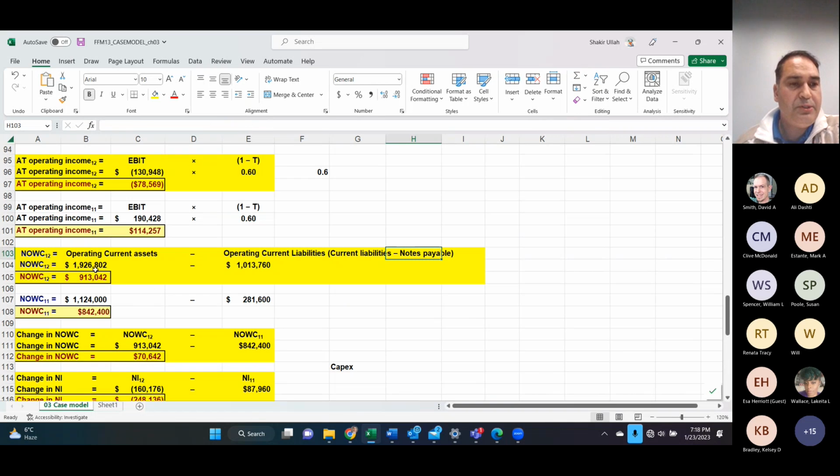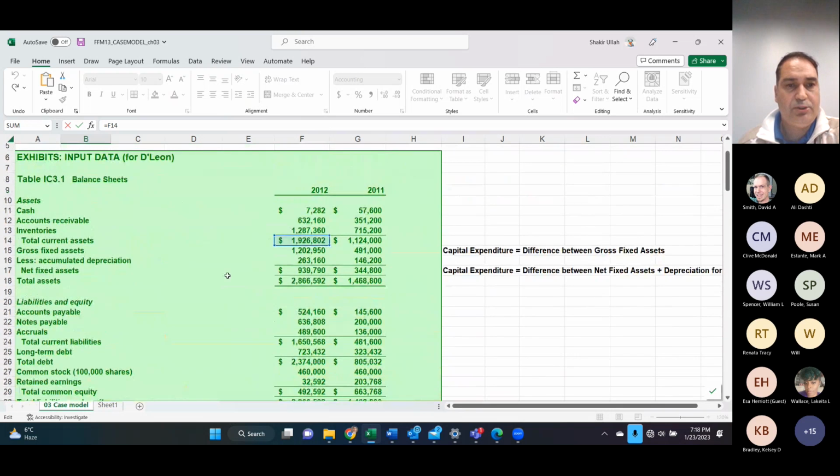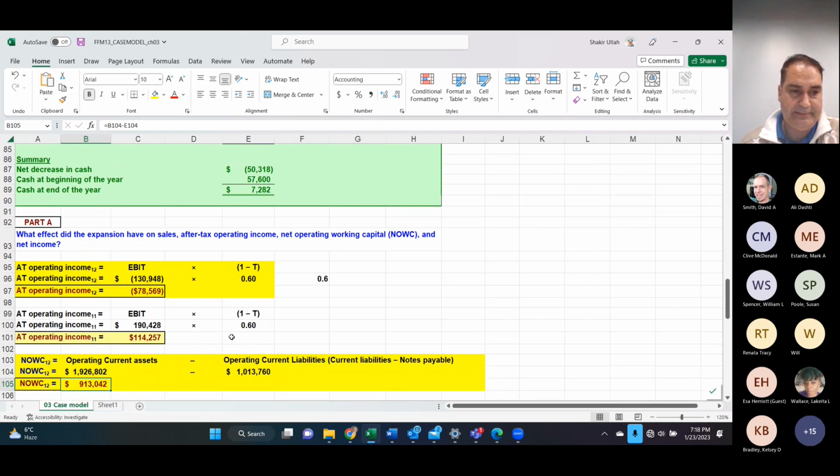All right. Now, in this particular case, all the current assets are operating, so we take that number as the operating current assets. In your question, it says that the cash is not operating, so you will have to take the total current assets minus the cash to get the operating current assets.